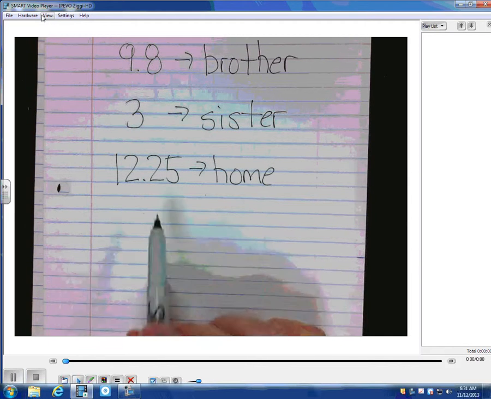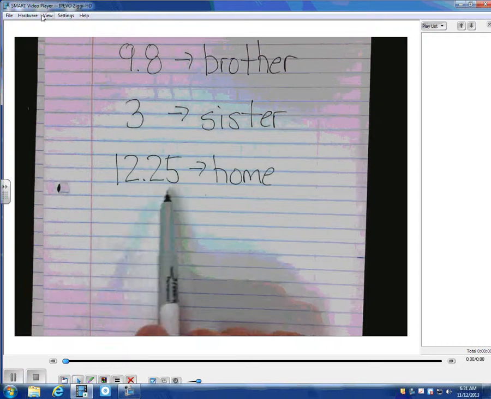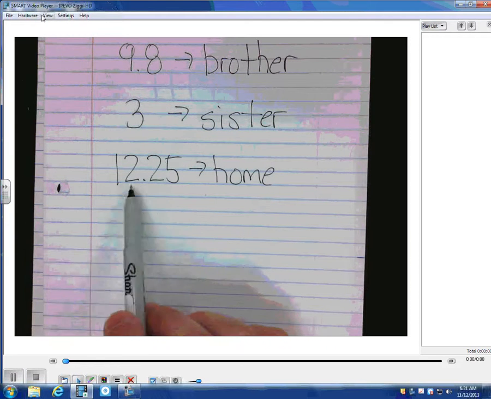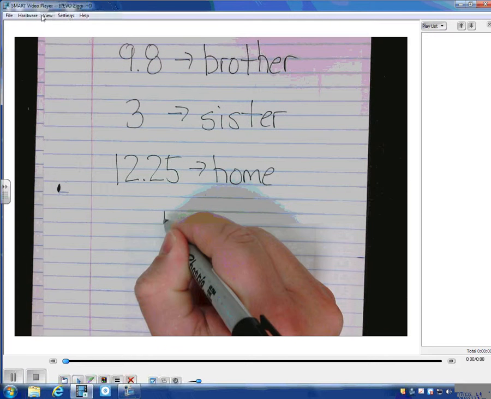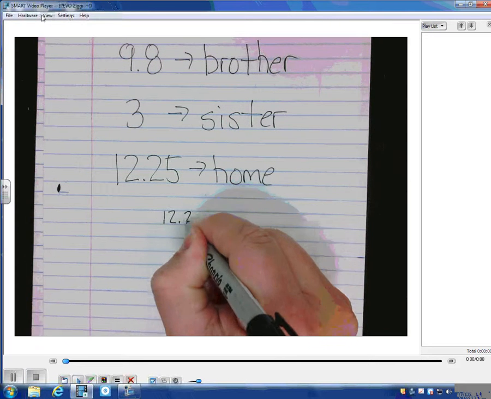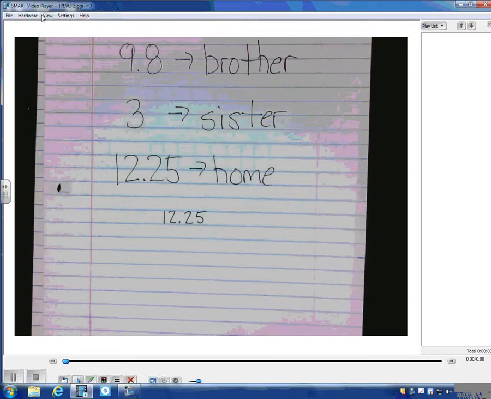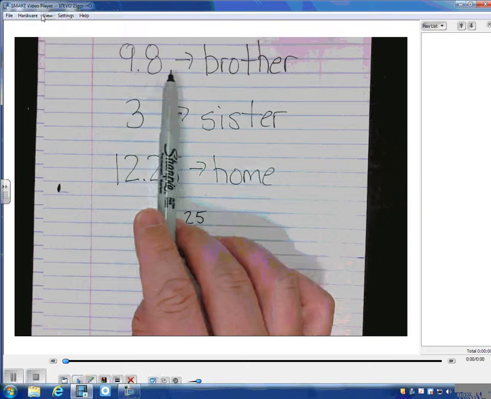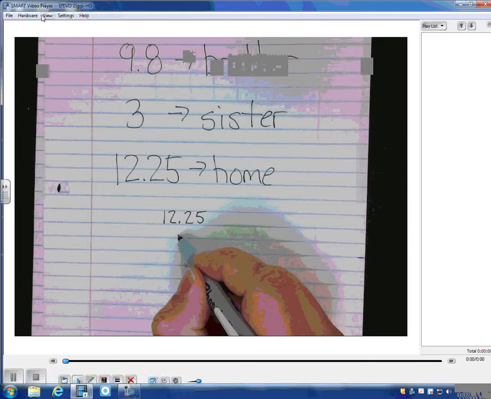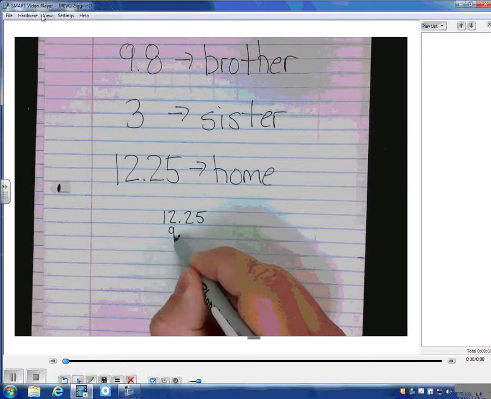When you add, you can start any way you want, but I always like to start with my biggest number. So, I'm going to start with that. Okay, now I'll go to 9 8/10. So again, I put my decimal, and I put my 9.